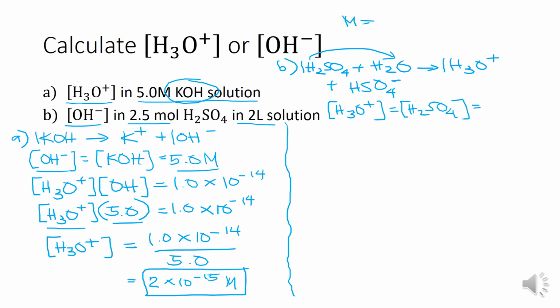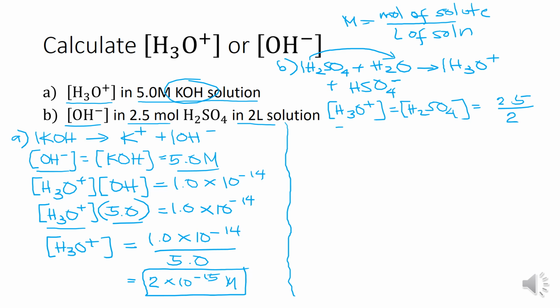Remember, we have to express the concentration in molarity, and that is the mole of solute over the liter of solution. We are given the mole of solute, that is 2.5 moles, all over the liter of solution, so that's 2.